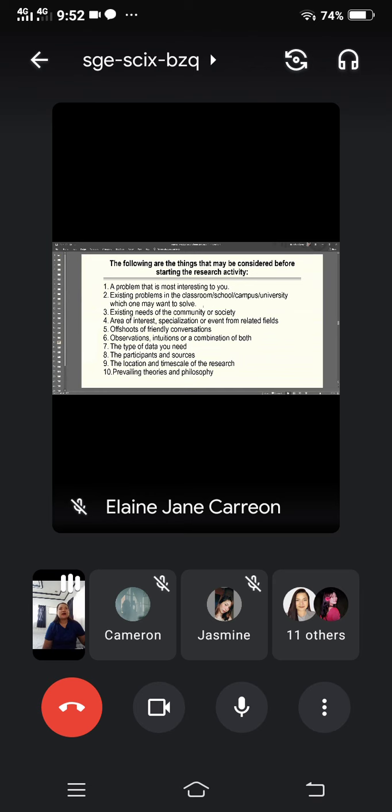Now, itutuloy ko sa number 3, existing needs of the community or society. So, mostly na problem natin ngayon, it involves the community or the society because we are facing a very big problem, which is the pandemic. Next, area of interest, specialization, or event from related fields.